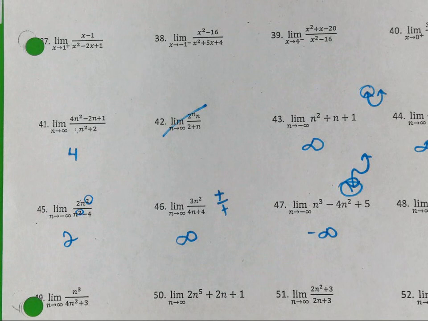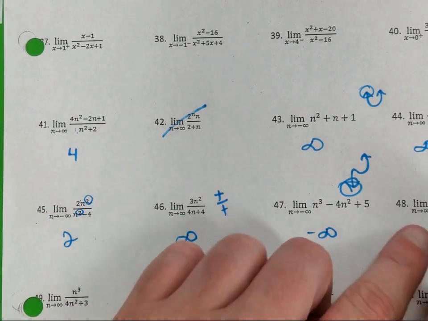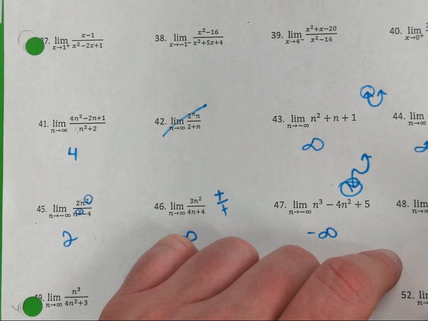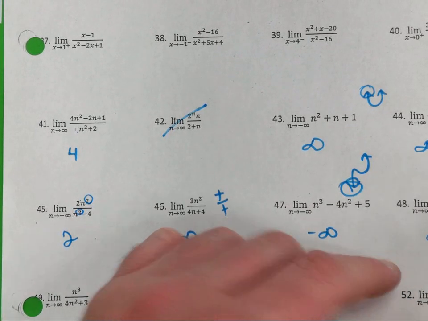Alright, number 48. Is it bottom heavy or top heavy? Top. Now, what if it was bottom heavy? If the degree was higher in the denominator, it's automatically what? 0. But it is top heavy. So as n goes to infinity, I plug 100 in, I still get a positive over positive, wouldn't I? That predicts positive infinity.